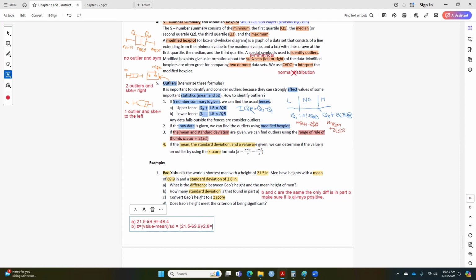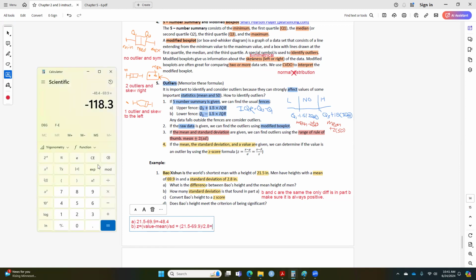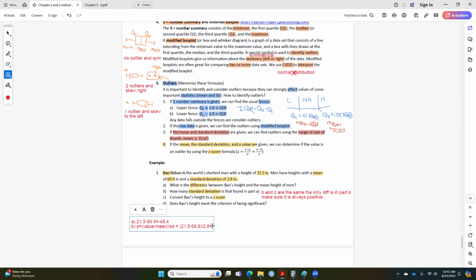So perform this in your calculator: 21.5 take away 69.9, and then divide this by 2.8. Now this value came out to be negative 17.29.